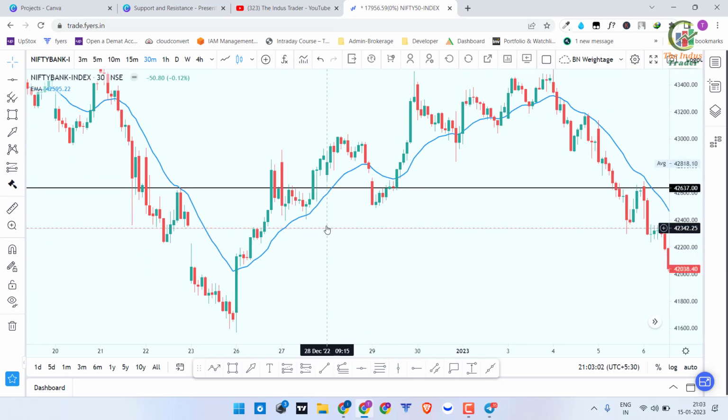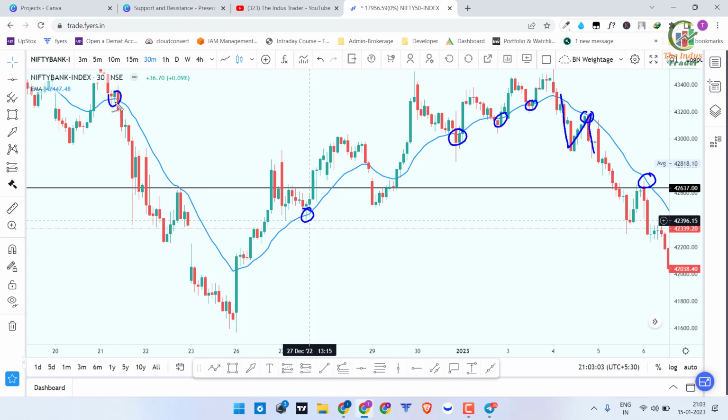Now coming here, in this example it is taken as support, the price is above the exponential moving average, and when the price crossed this line, you can see it acted as resistance.